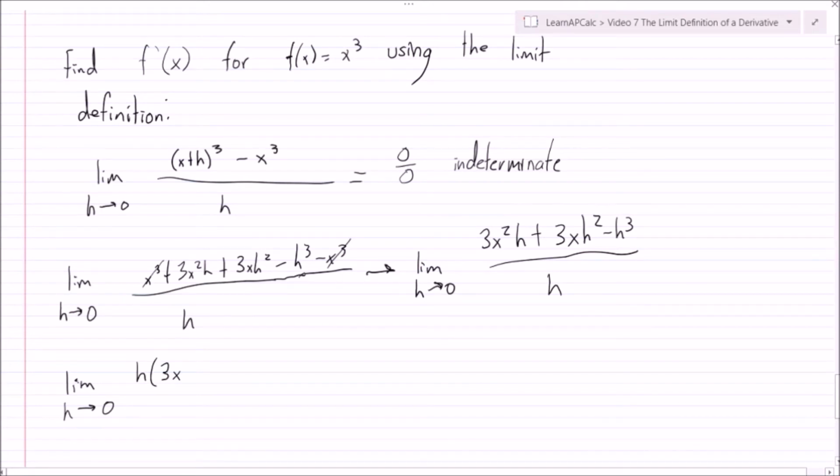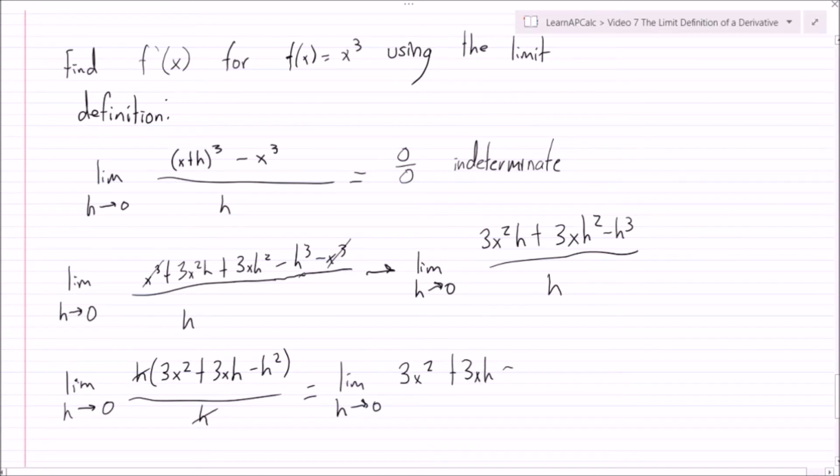Sorry, this should be as h goes to 0. So 3x squared plus 3xh plus h squared. And this is going to cancel, so I'm left with the limit as h goes to 0 of 3x squared plus 3xh plus h squared. You can do direct substitution now, and everything goes to 0 except this 3x squared.